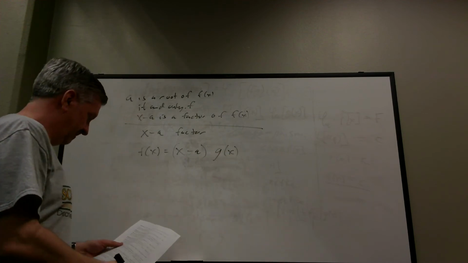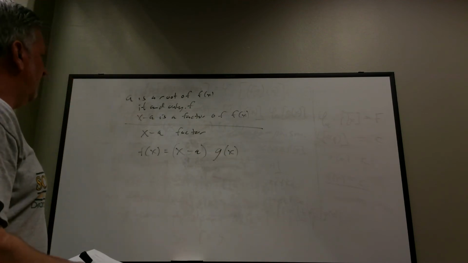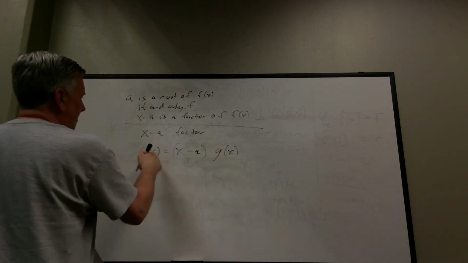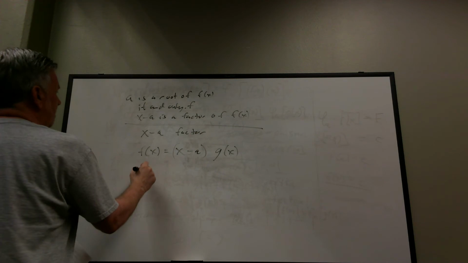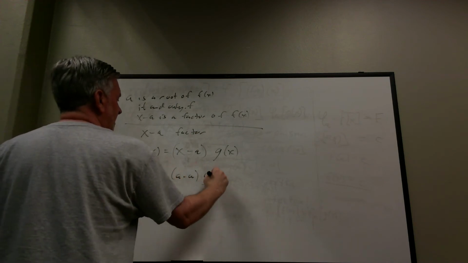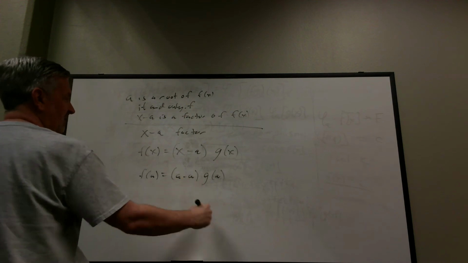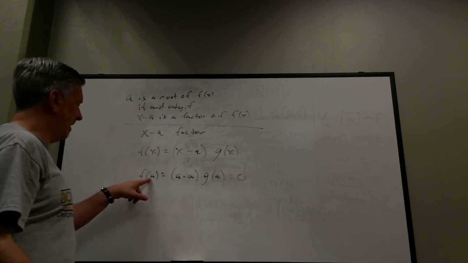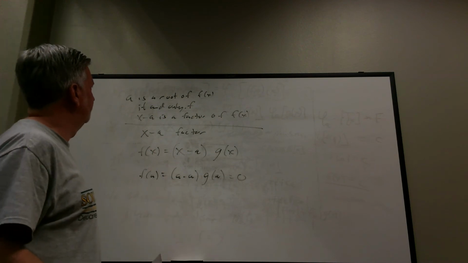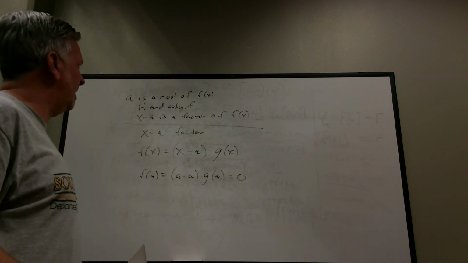Okay, well, so if x minus a is a factor, that means x minus a times something is f of x. Well, what's f of a then? f of a is a minus a, g of a, but a minus a is 0. And notice a is a root because f of a is 0. So the proof is pretty straightforward. So a is a root if and only if x minus a is a factor.